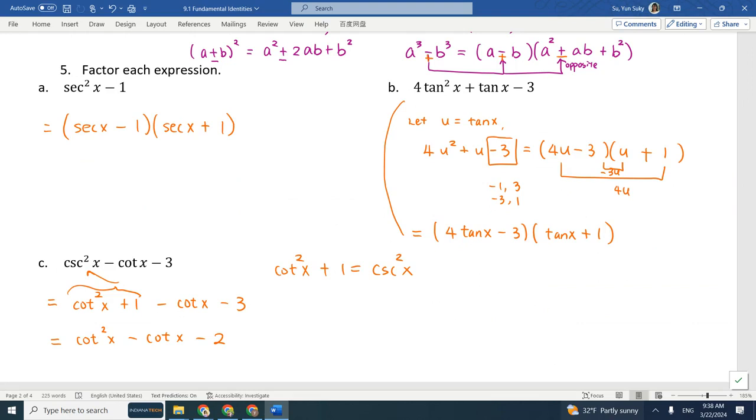When you multiply you get 2 and then minus 1, so it's positive 1. And your sign is negative, you just change the sign.